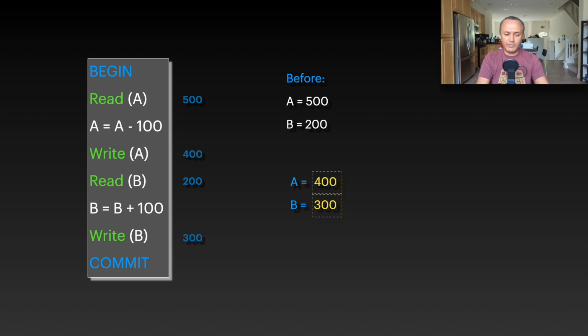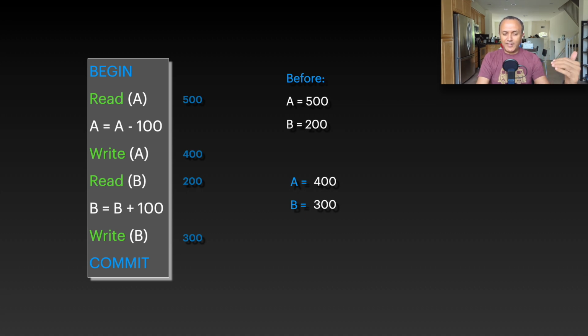And then we write the 300 to the database, also in uncommitted state. Then we reach the commit operation. So now these two are persisted in the database and the transaction is done. Before we had 500 and 200, after we had 400 and 300. This is like an account transfer transaction. We transferred $100 from account A to account B.